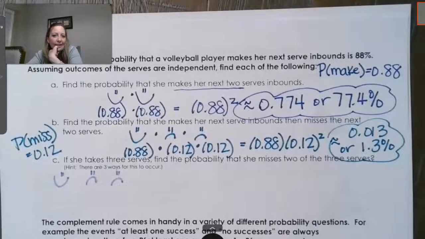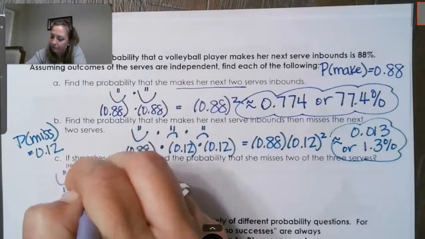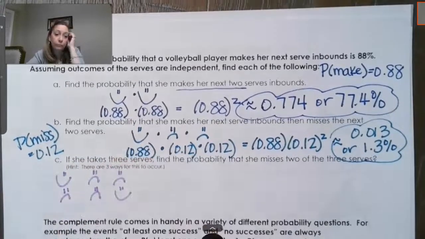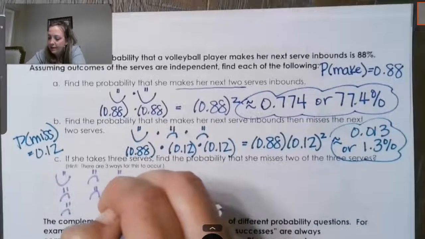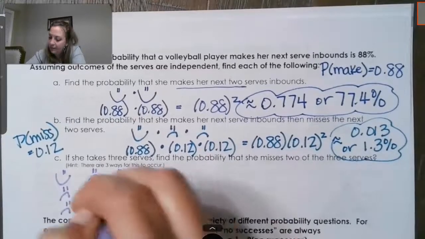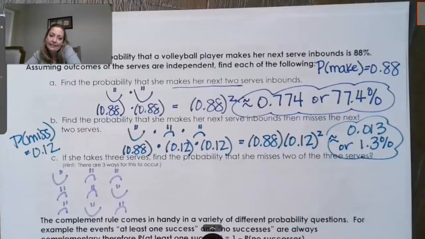Are there other ways for her to miss 2 but make 1? She could miss the first 2 and then make 1. She could also miss the first one and miss the last one, but make the middle one. And those are different ways that that could happen.